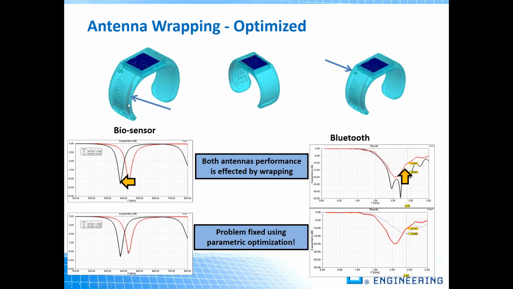So we need to do some parametric analysis and some optimization to improve the antenna design, both for the biosensor antenna and for the Bluetooth antenna. As you can see here, by doing the parametric analysis and optimization, we could improve the antenna performance and bring the resonance frequency back to the targeted frequency.